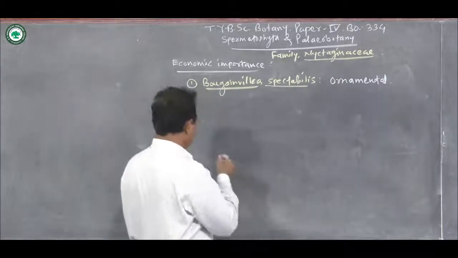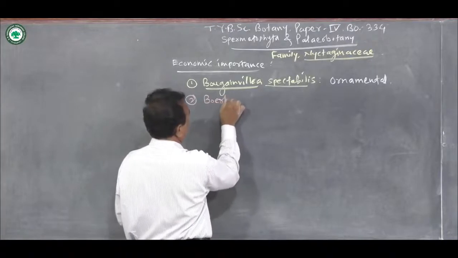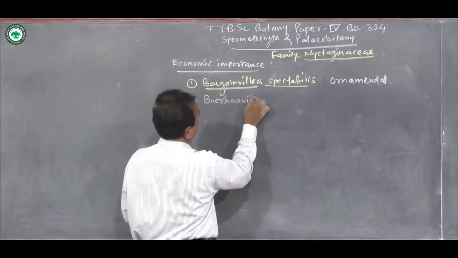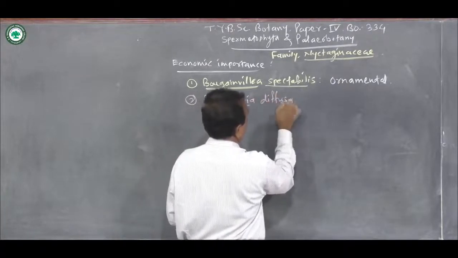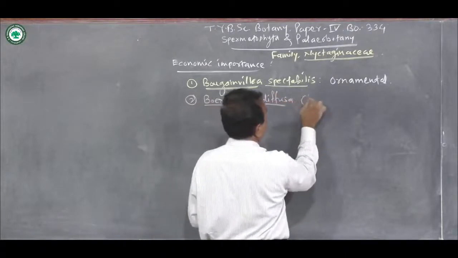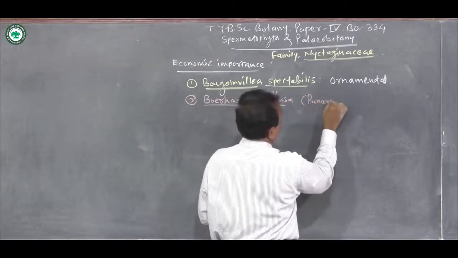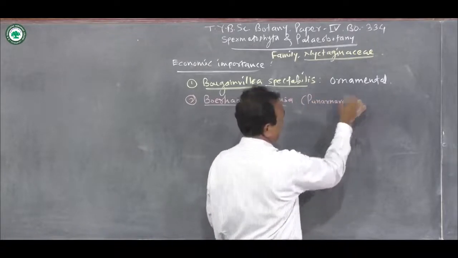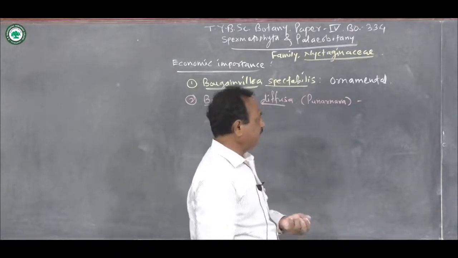Then next is Boerhavia diffusa. It is commonly known as the Punarnava plant. This plant is actually a weed present in the field, but it is medicinally very important.